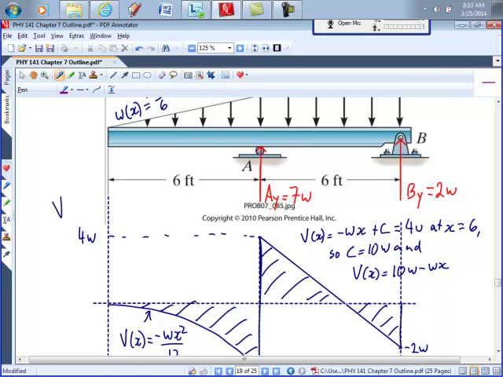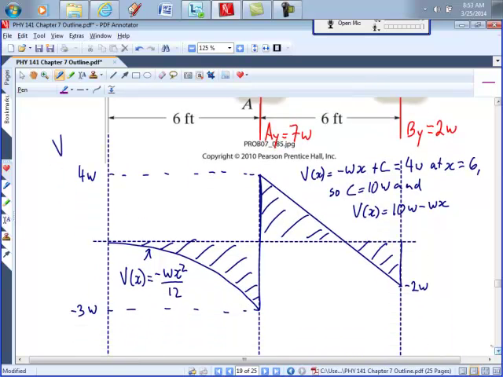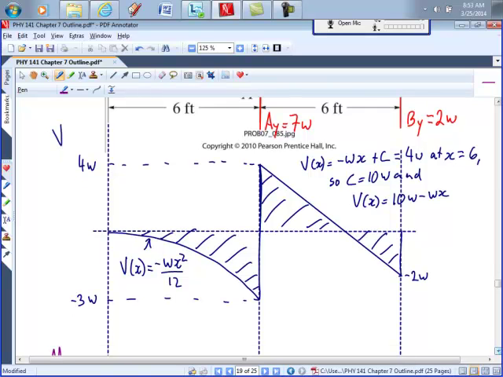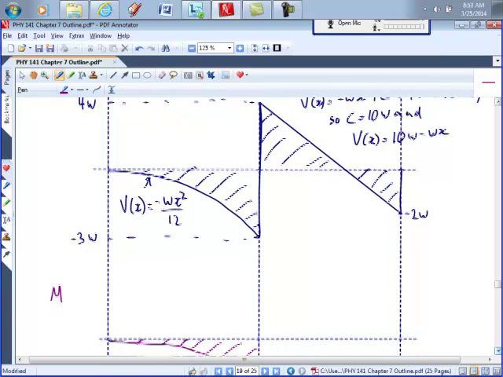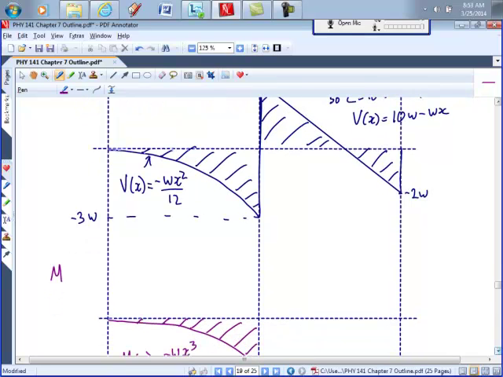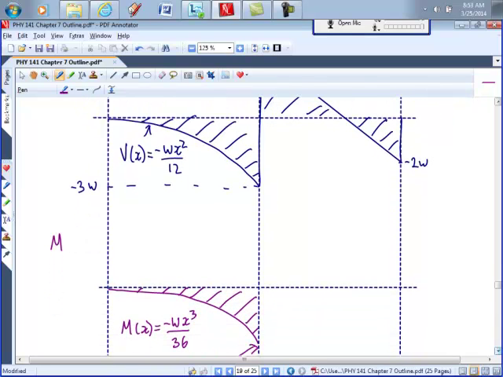So that means that's going to be a local minimum or maximum. And then it's going to continue to decrease, so it's going to end up with a negative slope. So what's that shape going to look like? It is going to be parabolic. So it's parabolic opening down again.